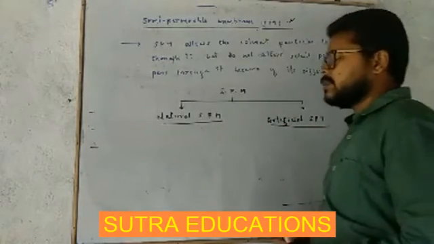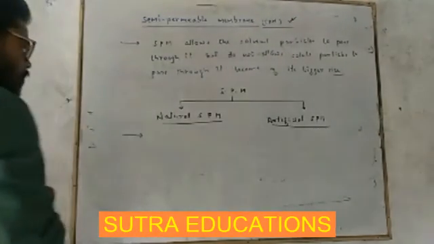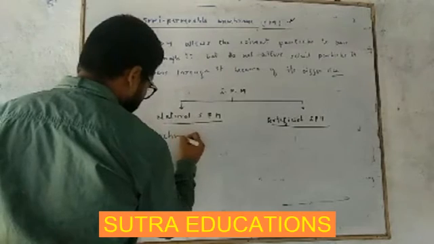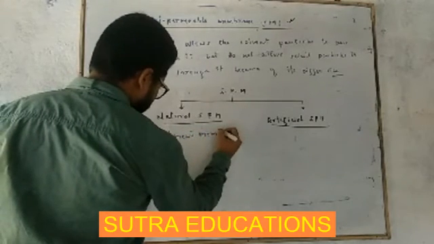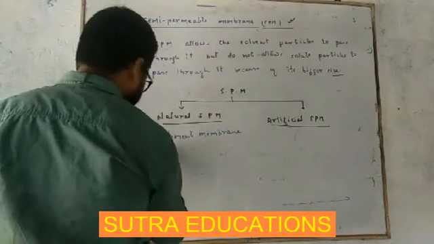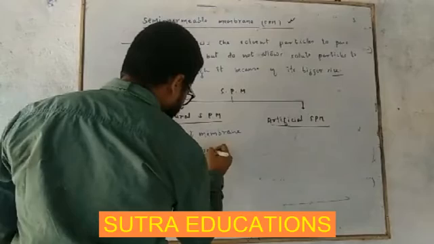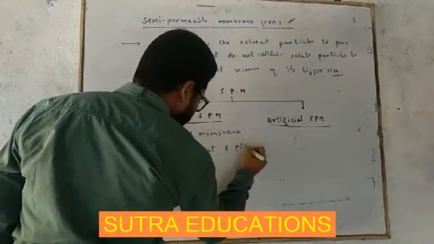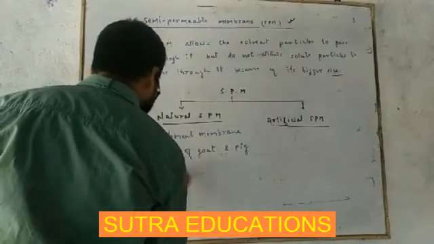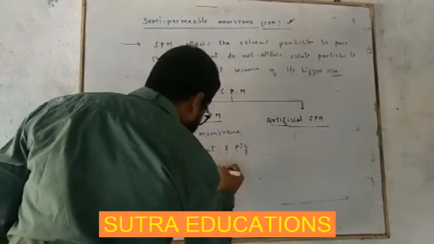What is natural semi-permeable membrane? Natural semi-permeable membranes are parchment membrane, the bladder of goat and pig, and the cell membrane of plants.